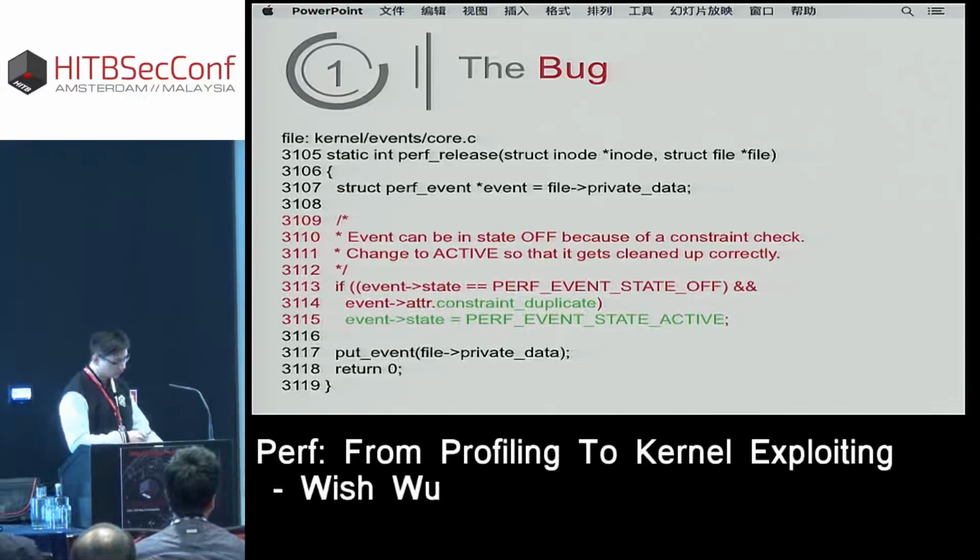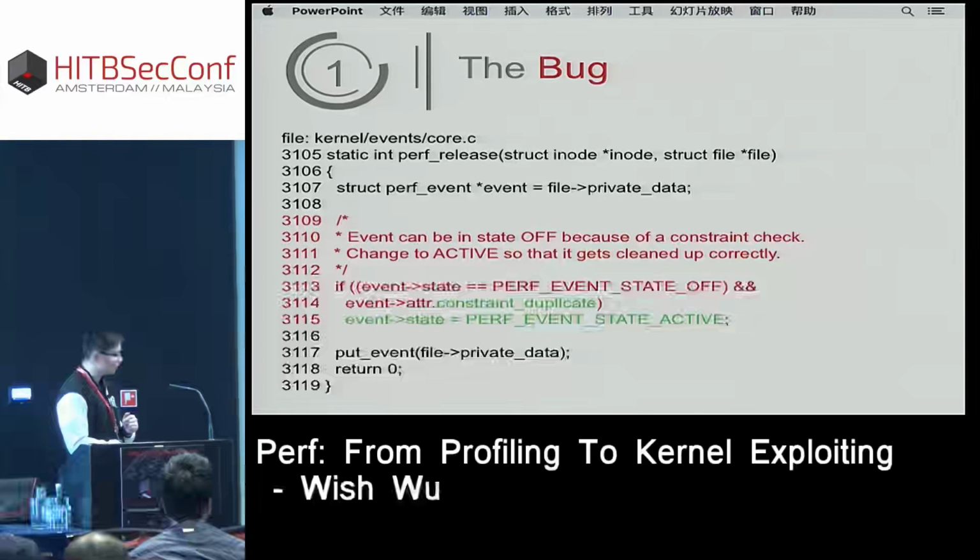Once we invoke close and set constraint_duplicate to 1, then the event state will change from off to active again. In fact, Google or Qualcomm's developers think this variable is used internally, but we can set it in user space. That is the main reason that causes the bug.